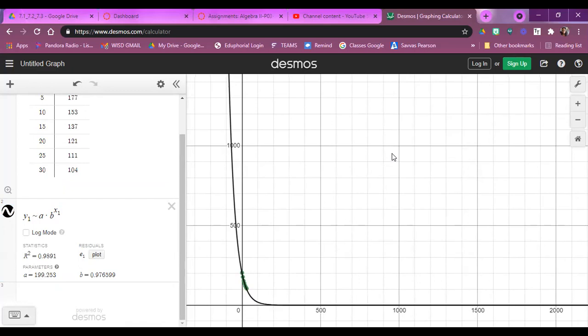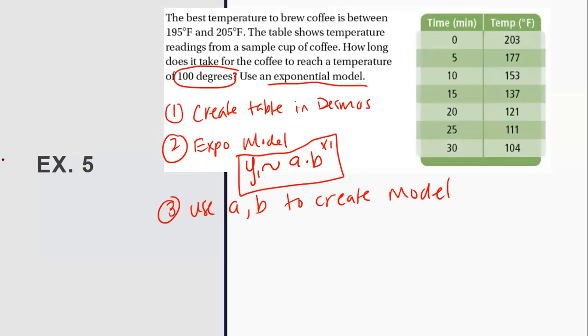So we have a equals 199.2500, and b equals about .9800. Do we see where a and b are coming from, the parameters? So I can write my model.